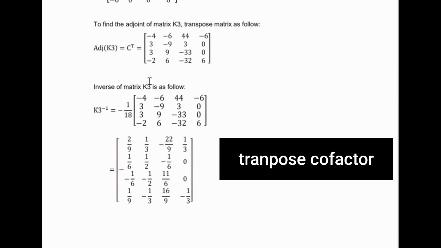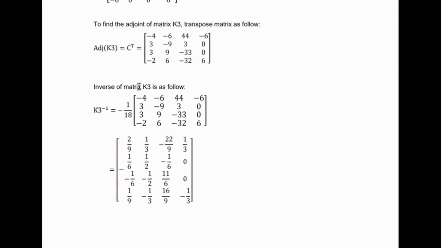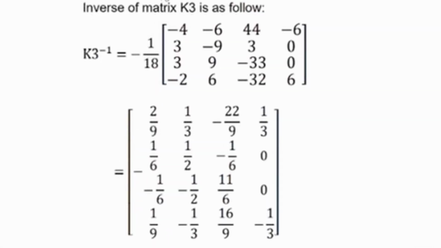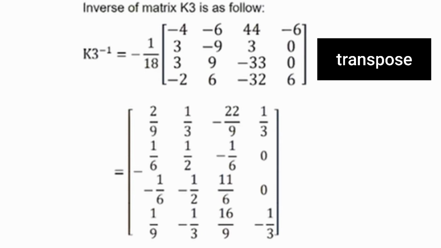The inverse of matrix K3 is 1 over the determinant that we found, negative 18, times the transpose adjoint, and so on.